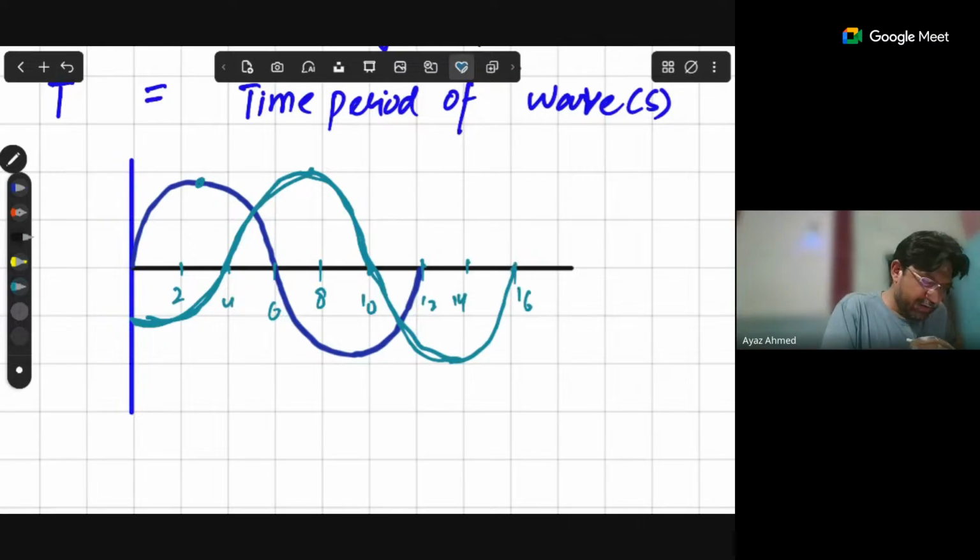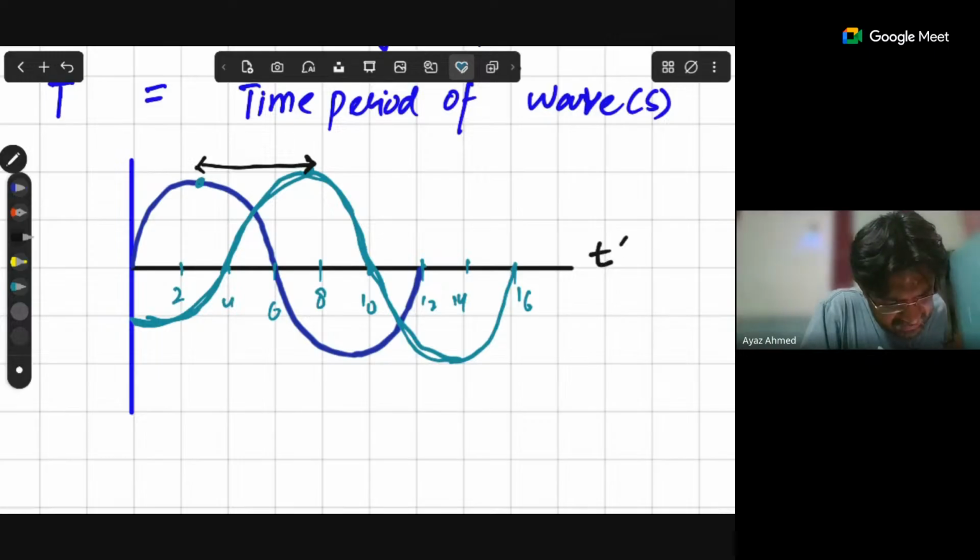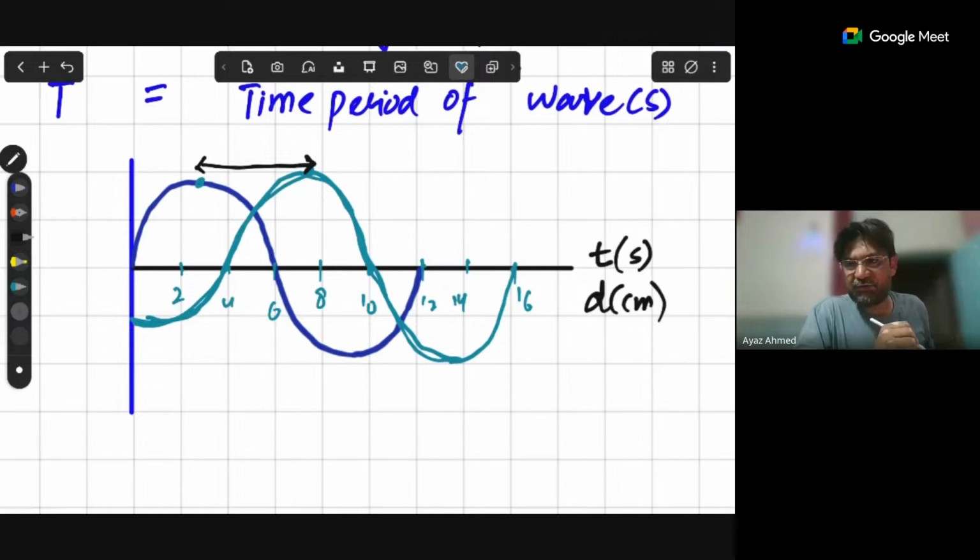Then what will I do? I will just consider the time difference or distance between these two waves, because this can be time in seconds, and this can also be your distance in centimeters. Once this axis gives you the wavelength, and once it can give you a time period.